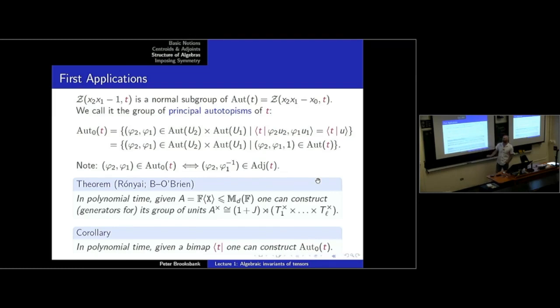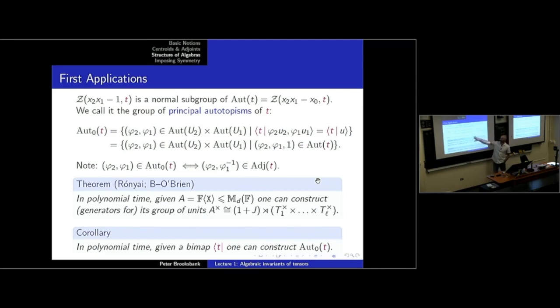For the purposes of today, I've used this notation Aut sub 0 just to point to the fact that it's the 0 coordinate that the identity is being induced on here. If you stare at the defining equations, you realize that something belongs to this Aut 0 group, it's a principal autotopism, if and only if this thing here, phi 2 phi 1 inverse, belongs to the adjoint algebra. So what does this mean?